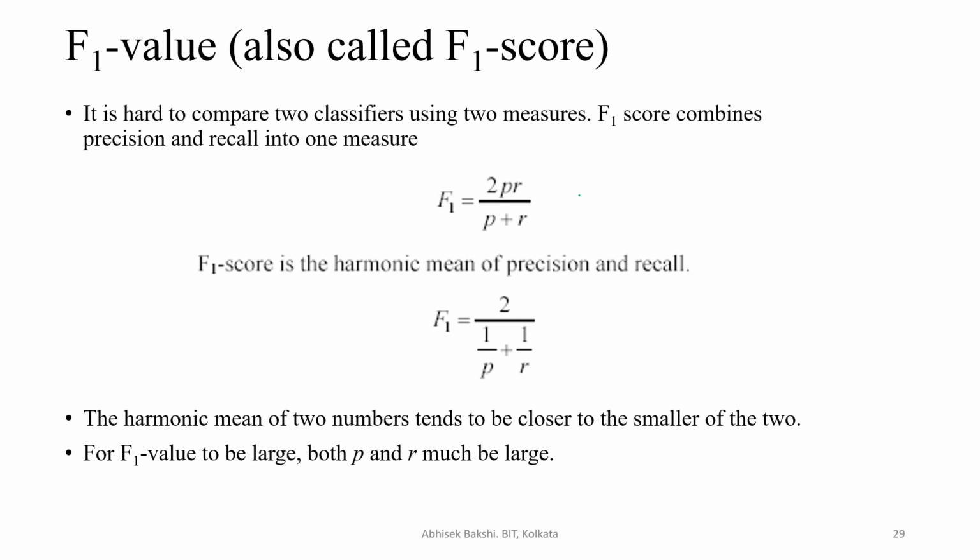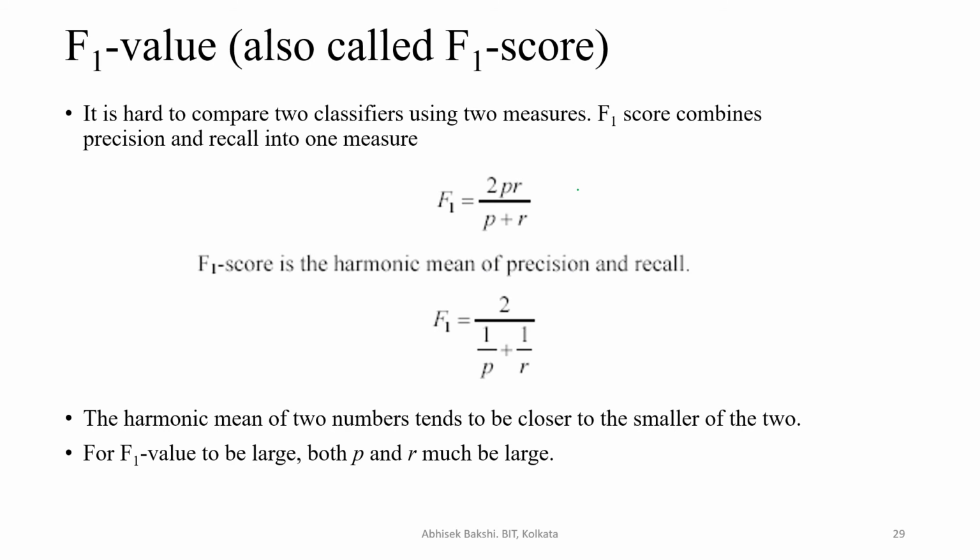The F1 score is the harmonic mean of the precision and recall. The harmonic mean of two numbers tends to be closer to the smaller of the two. This is a characteristic of the harmonic mean that we know. So the F1 value will be large only if both P and R are very large. Otherwise I will say that my model is not good.